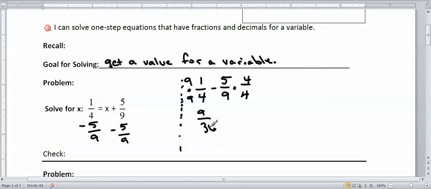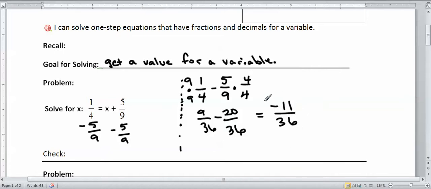Okay, so I've got 9 over 36, and I'm subtracting from it 20 over 36. Now keep in mind, when you subtract fractions, the denominator stays the same. So I'm going to keep that 36 and end up with 9 minus 20, which is a negative 11.